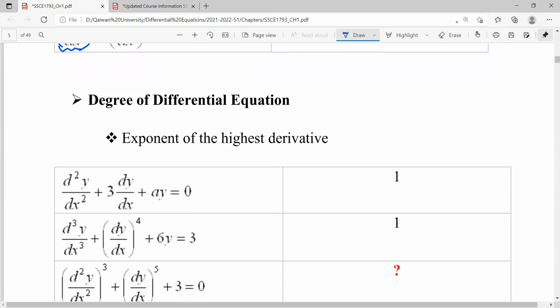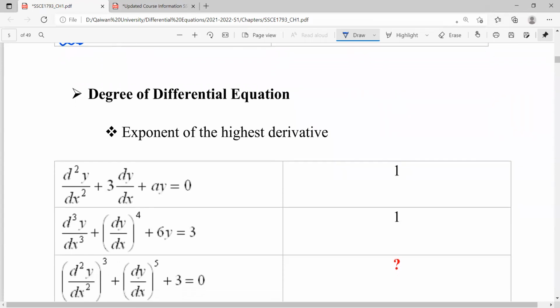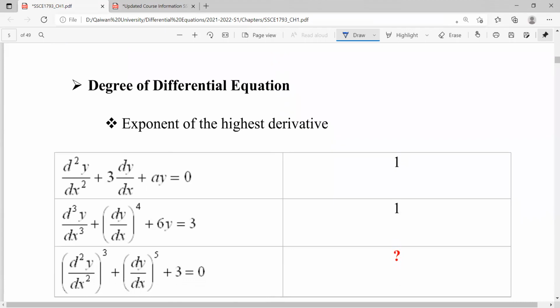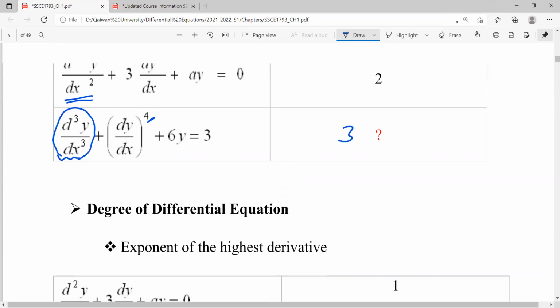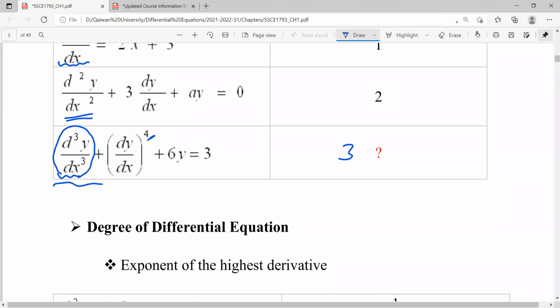Now we have the degree of a differential equation. We say degree is the exponent of the highest derivative. If you return to the previous one, what's the degree here? The highest derivative is 3. So what's its exponent? It's 1, not 4.